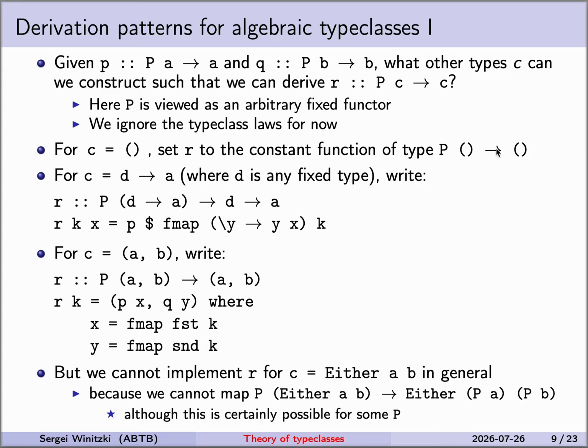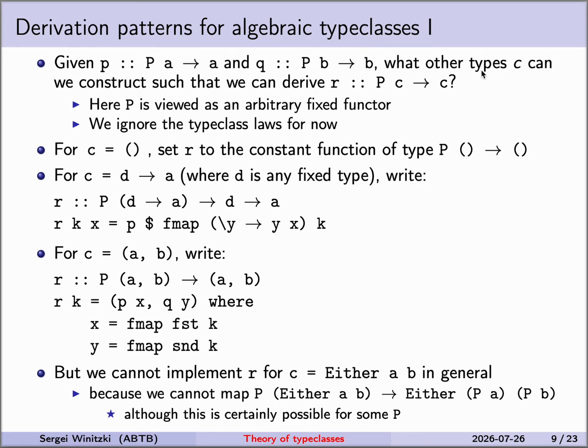So for example, if A were a type that belongs to a certain type class with algebraic type signature, and if B is a member of the same type class, it means we have structure maps P and Q of these type signatures.